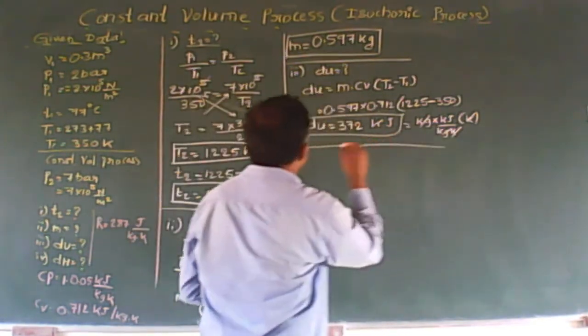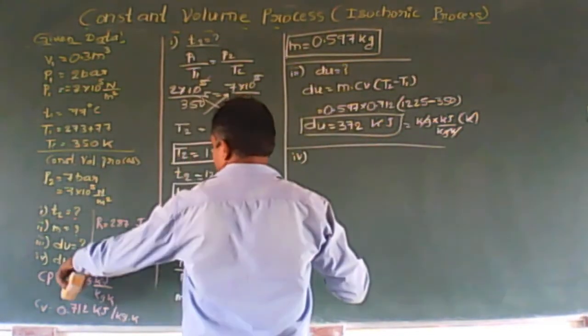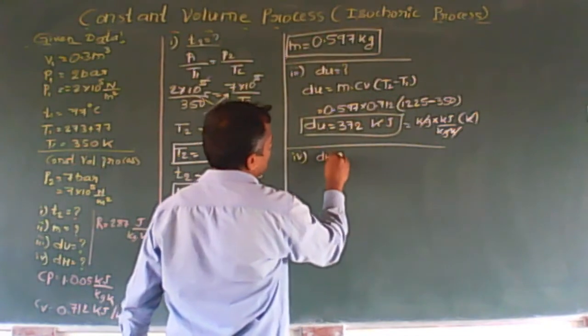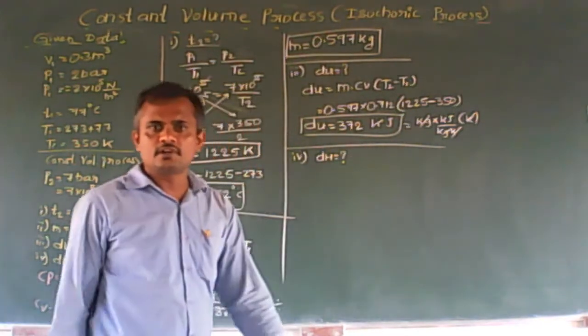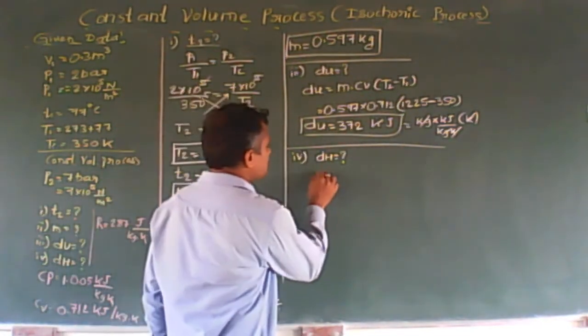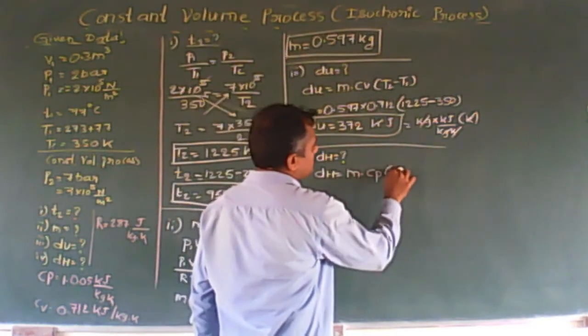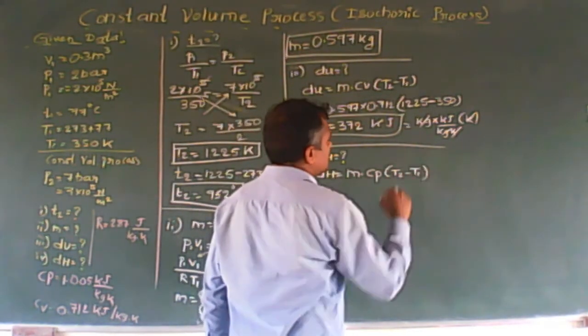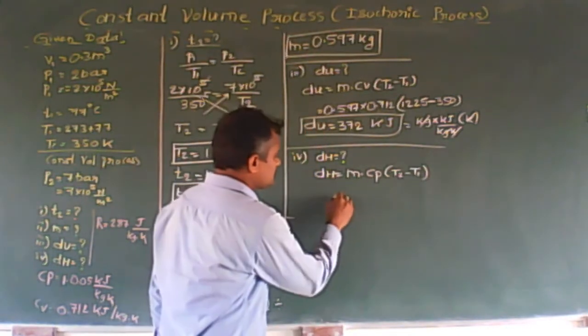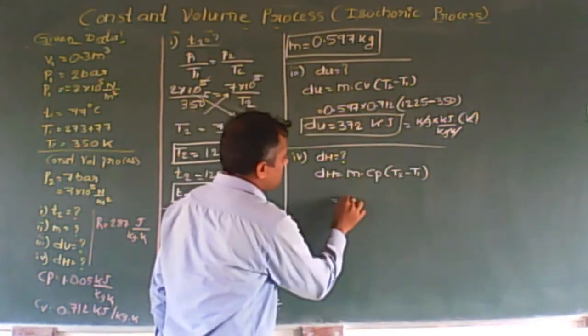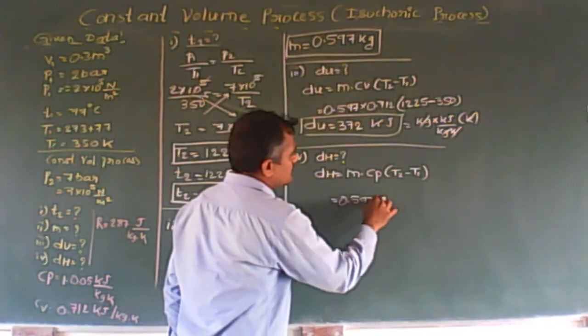Afterwards, the fourth one is the expression for dH. dH we have to determine. As you know, the expression for dH is equals to m into Cp into T2 minus T1. Now I can substitute the mass, 0.597 kg.